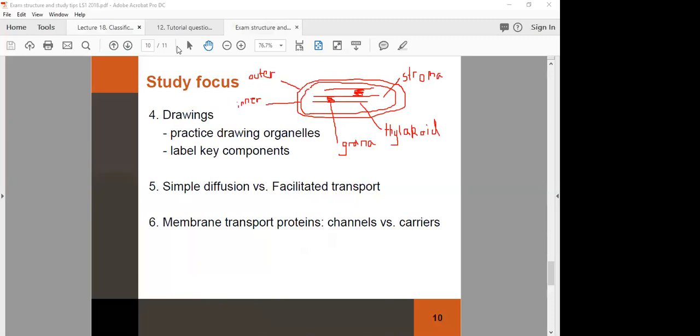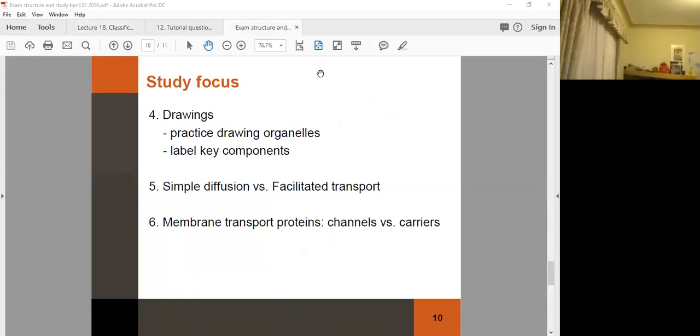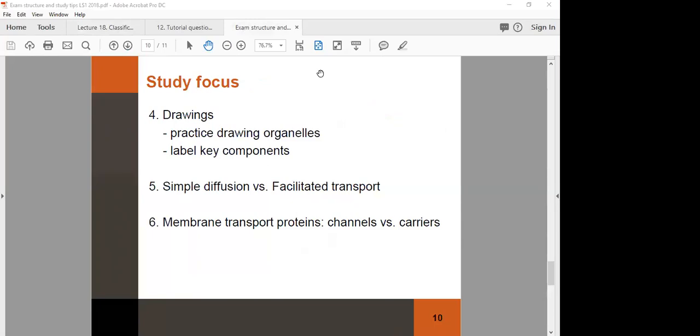Can you think of any other organelles, cell organelles, that you might be asked to draw? Golgi, yes, that's a possibility. Golgi apparatus, yes. Any other examples? Nucleus, maybe? Nucleus, maybe, yes, nucleus, Golgi. So we've just seen chloroplast. What else?